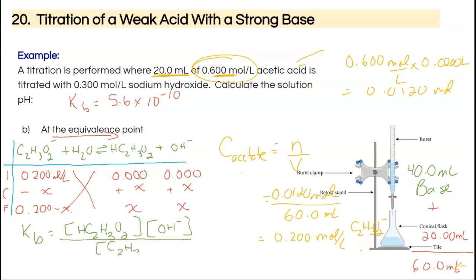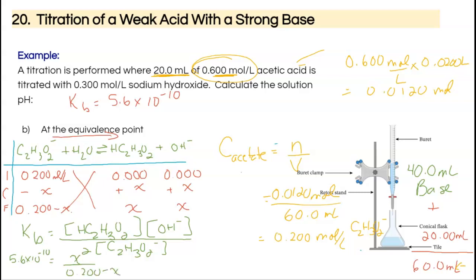In this case, it's the acetate ion. That's going to give me an expression, and I know my Kb from up here. So I'm just going to take that value and substitute it in. I'm going to end up with x squared over 0.200 minus x.